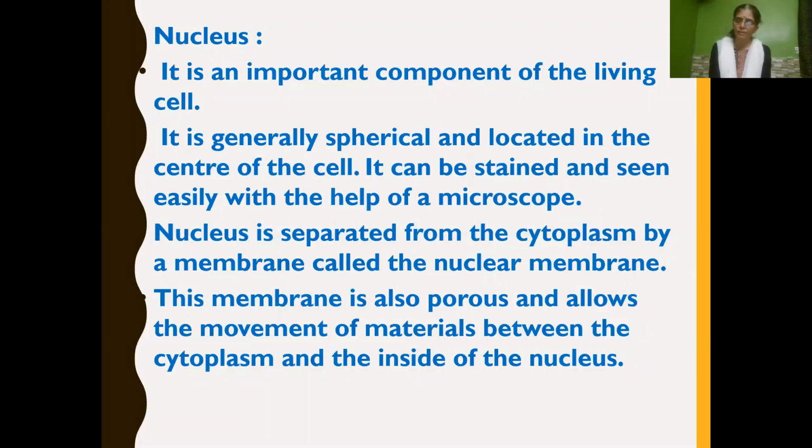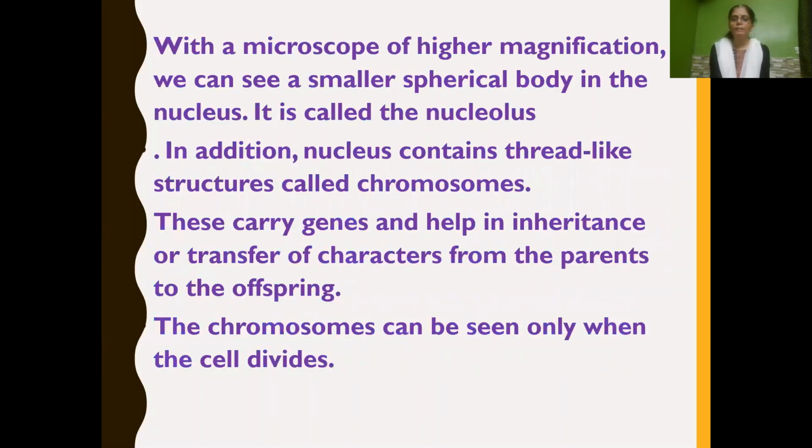Like the cell membrane, the nuclear membrane is also porous and allows the movement of materials between the cytoplasm and the nucleus. Inside the nucleus, if we see with a higher magnification by a microscope, we can see a smaller spherical body, which we call the nucleolus.